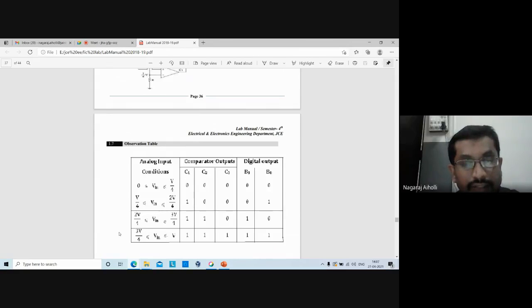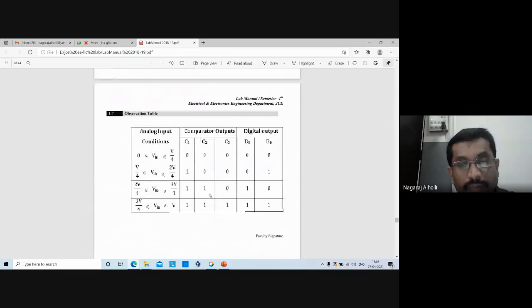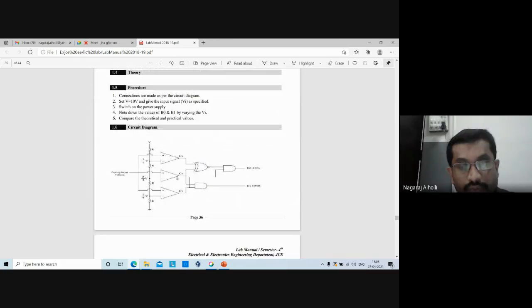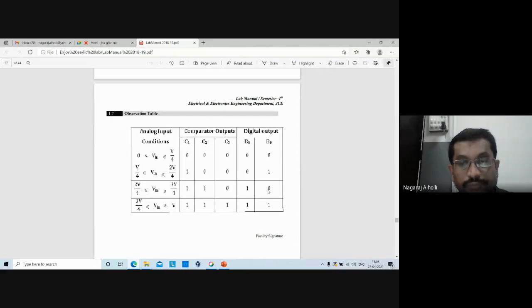Then if the input voltage is in between 2V/4 and 3V/4, then C2 will be high and C1 will also be high. According to this circuit, it will convert this C1, C2 and C3, and the output produced, B1 and B0, will be 1, 0.